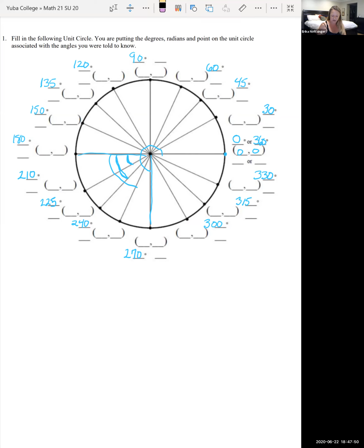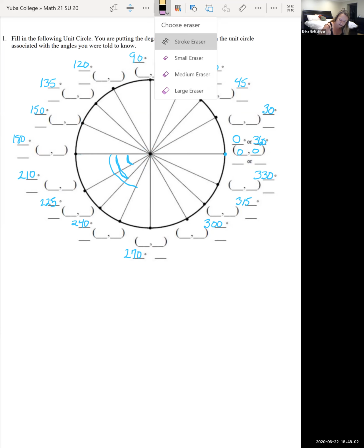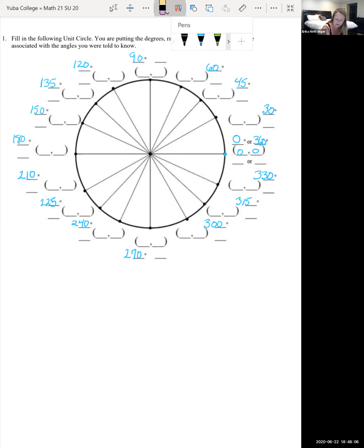And now we should be able to have the radian measures of all of those degrees. So this could either be 0 radians, or a full rotation is 2 pi. 30 degrees, multiply that by pi over 180.